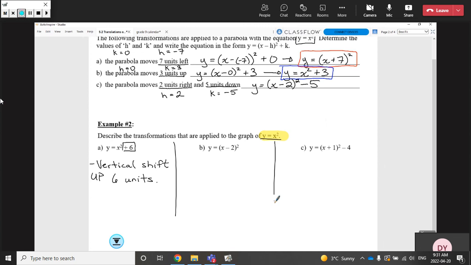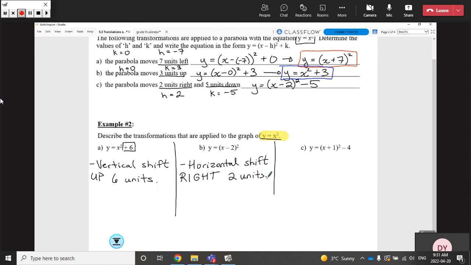Is this a shift to the left because it's x minus 2, or is it to the right? Catalina, it's to the right, absolutely. So we'll say horizontal shift right 2 units. Okay, we got to be really cautious of those.